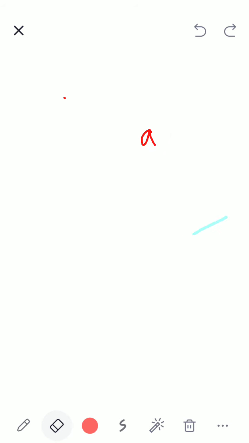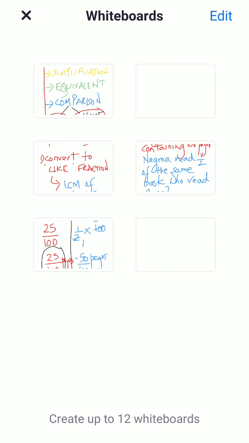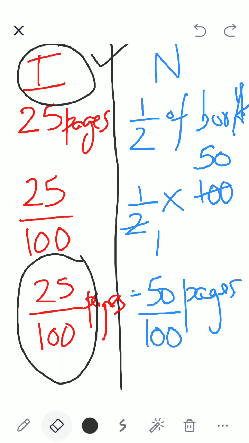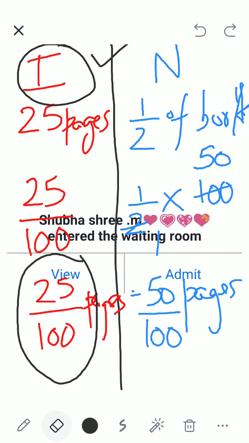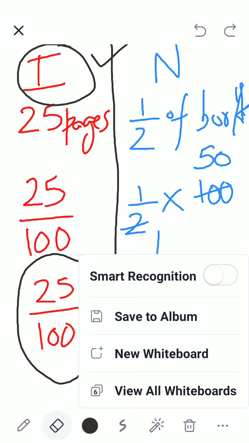In the first method, what did I do? In that method, we converted Nagma's fraction to pages, correct? In the other method, we will convert Isha's pages to a fraction. So we had Isha, we had Nagma.